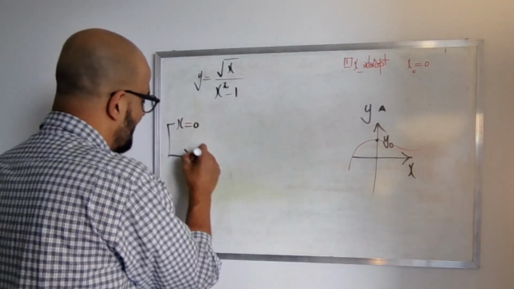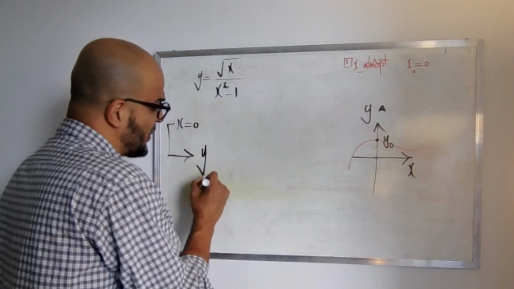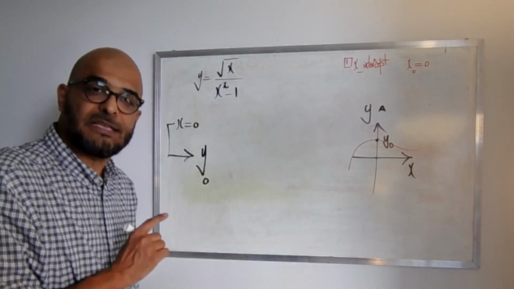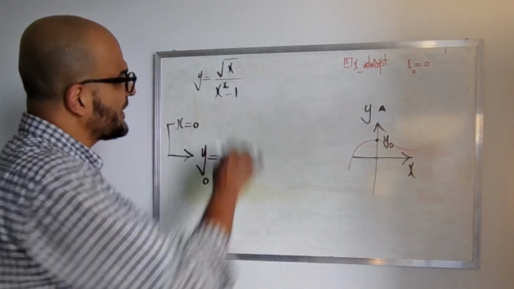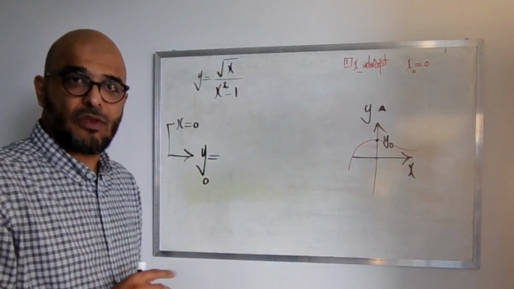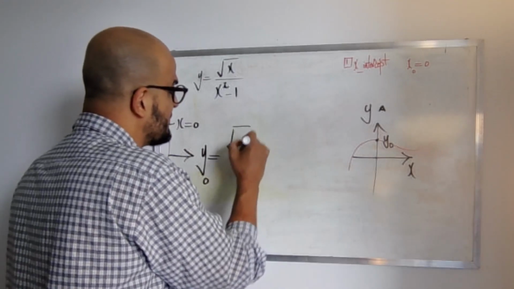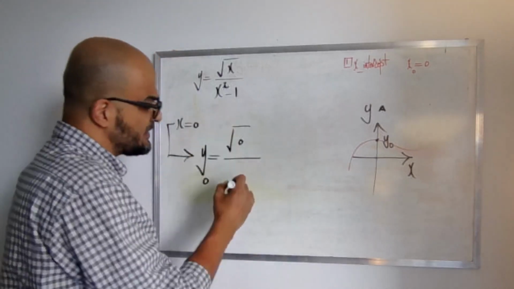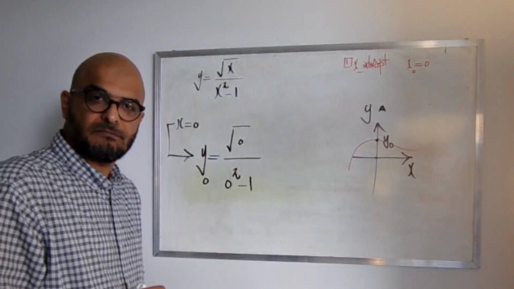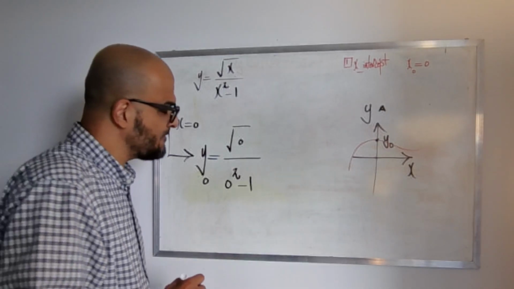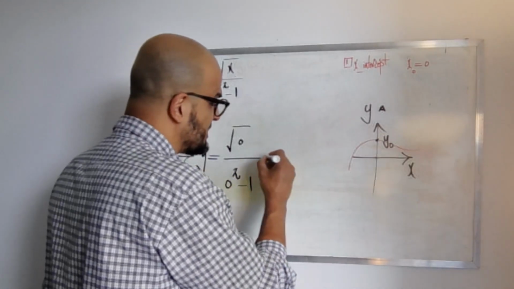Then I'm going to say y, which I'm going to call y0, representing the y-intercept, should be equal to the square root of x. I know that x is going to be 0, so it becomes square root of 0, to the power 2, minus 1. Now, that's easy to find. Square root of 0 necessarily has to be 0.